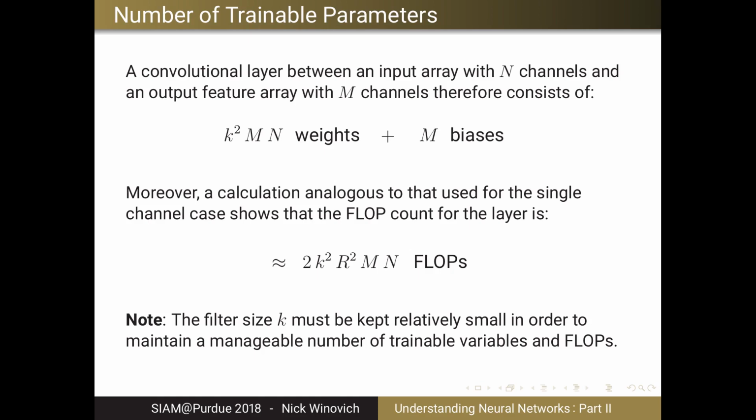And so this is a benefit, especially when working on something like a large resolution image, over the previous dense layers. So this is a small enough number in most cases, but what's important to note is that this k impacts the number of trainable parameters in a quadratic fashion. So the filter size has to be kept relatively small.